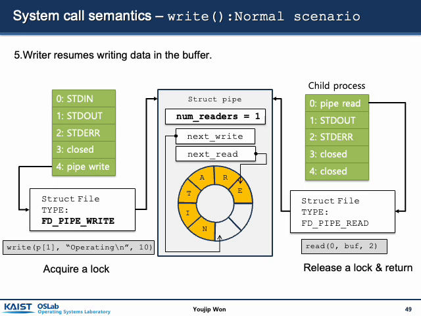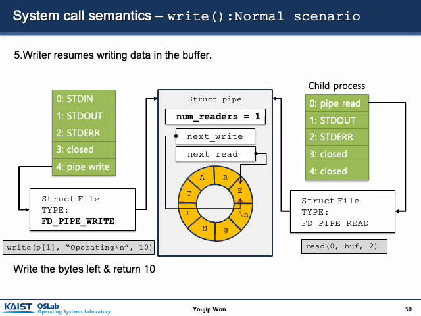The child process releases the lock of the pipe, and then the write process acquires the pipe lock and writes the remaining characters, G and enter, to the pipe buffer. When the write process finishes writing all the characters to the pipe buffer, the corresponding write system call returns successfully.